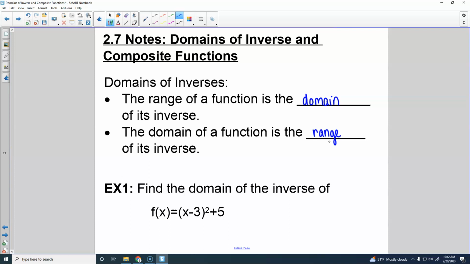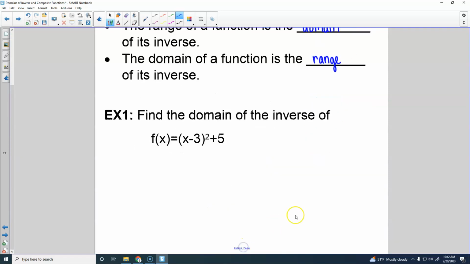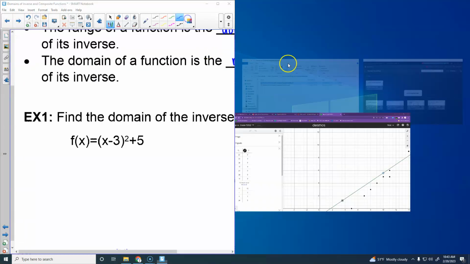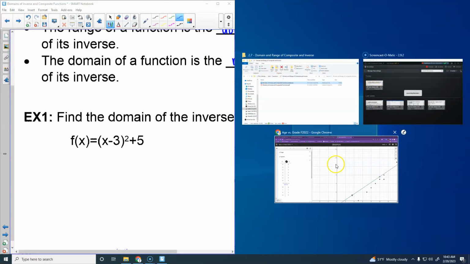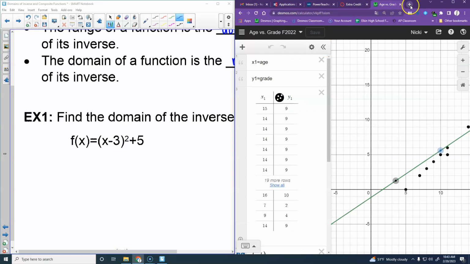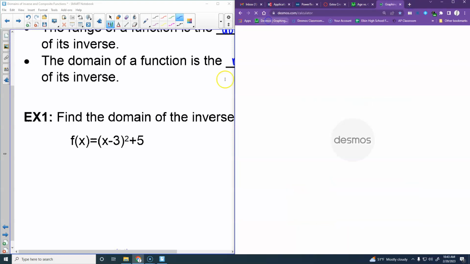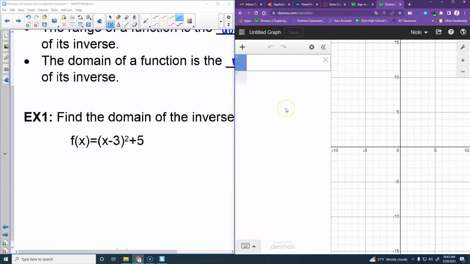Okay, so it is possible for us to find the inverse of this function that they have given us and then think about domain and range. However, I was looking through the test the other day, and the test is going to be calculator active, but it is not going to have Desmos on it.